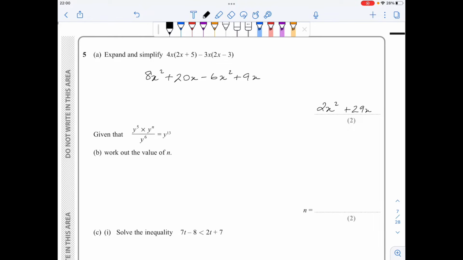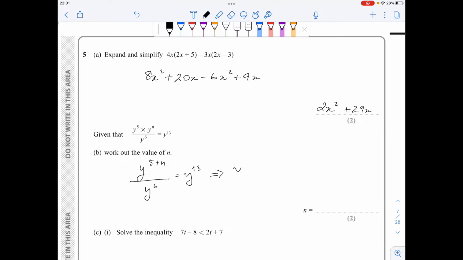For part B, I will start by adding these two powers. So y to the power of 5 plus n over y to the power of 6 equals y to the 13. And then I will subtract those two powers.